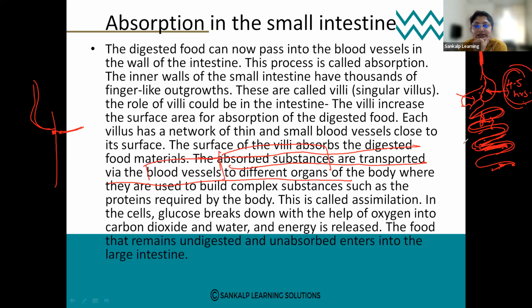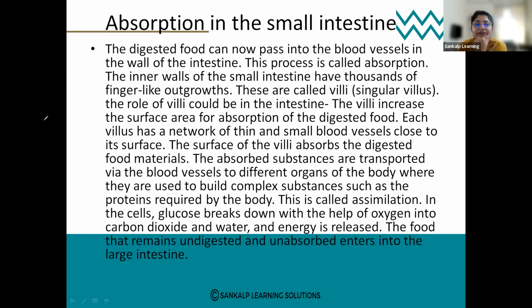Whatever proteins are required by the body, our body requires proteins, right? If you just go on eating carbohydrates, will your hunger be satisfied? No, right? All the nutrients are essential. Whatever nutrients you are taking, everything should be in proper balance.